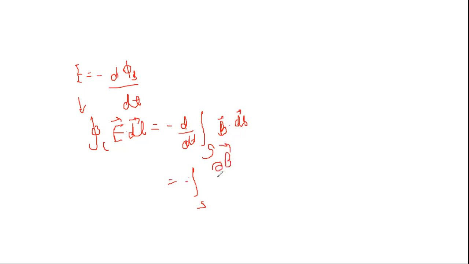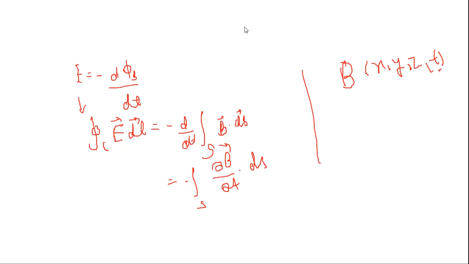Del means partial derivative. Why am I writing this partial derivative? B may be a function of coordinates x, y, z and t, but differentiation is being done with respect to t only. So that's why I can write this as a partial derivative of B with respect to t.